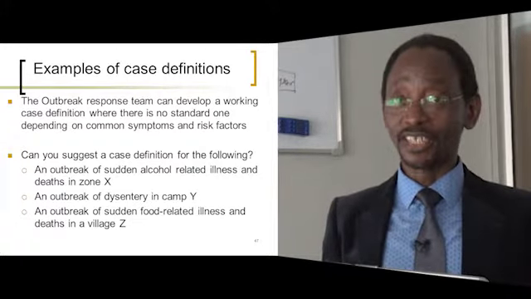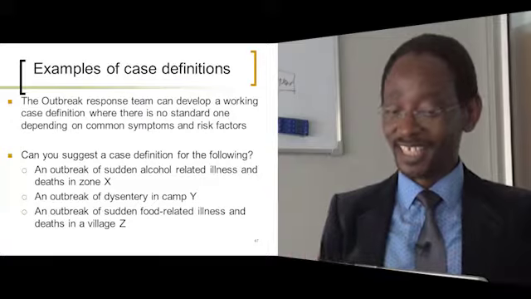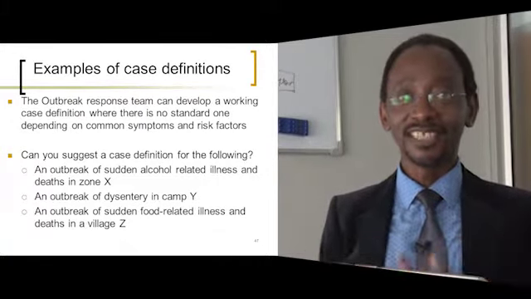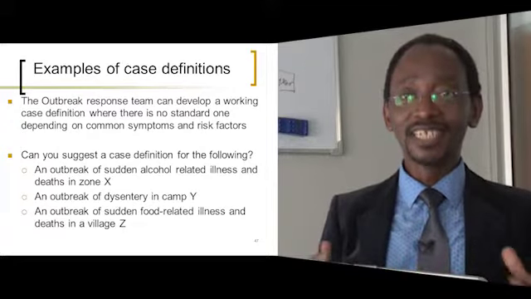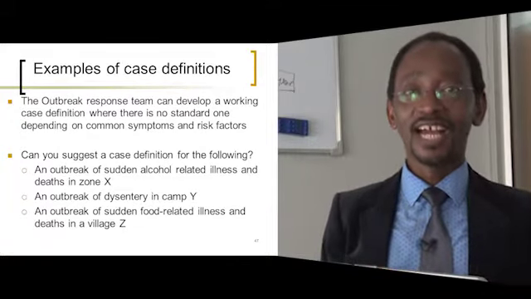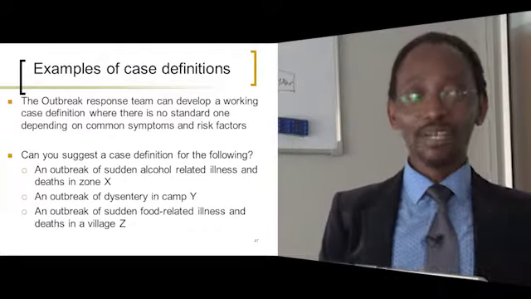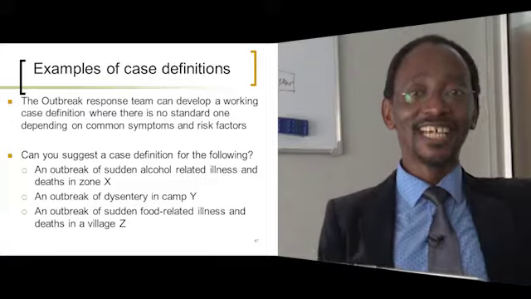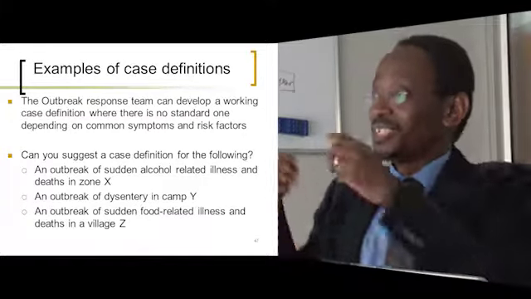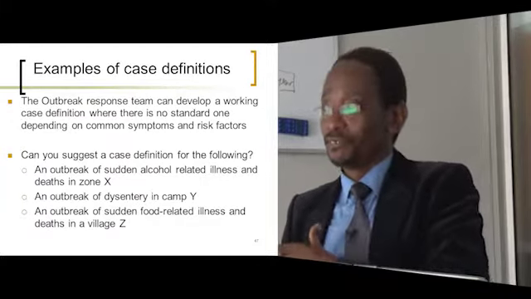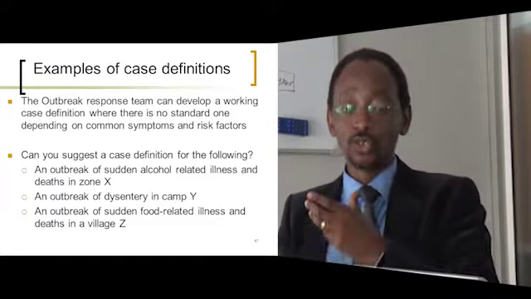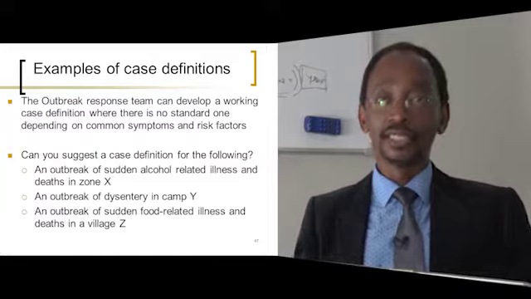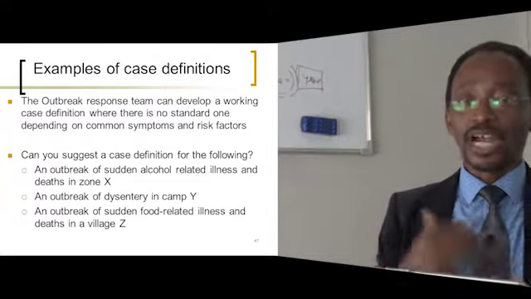Probably a person, so it has to be a person, coming in with sudden collapse, loss of consciousness, vomiting, probably diarrhea, but with a strong smell of alcohol, and with a history maybe of having spent a night in a certain pub X, or even having taken, the relatives or caretakers tell you that they took a certain potent wine or type of alcohol. So you can manufacture that.